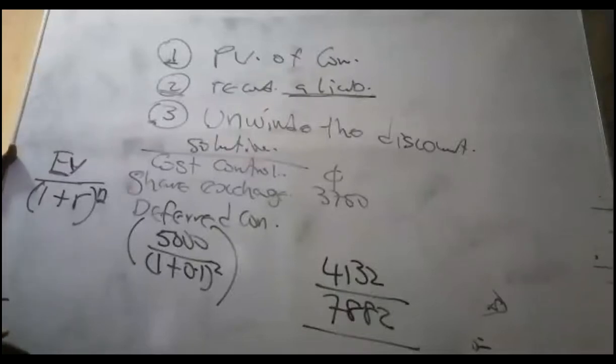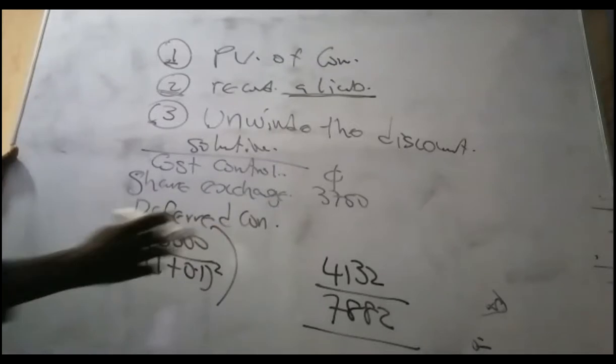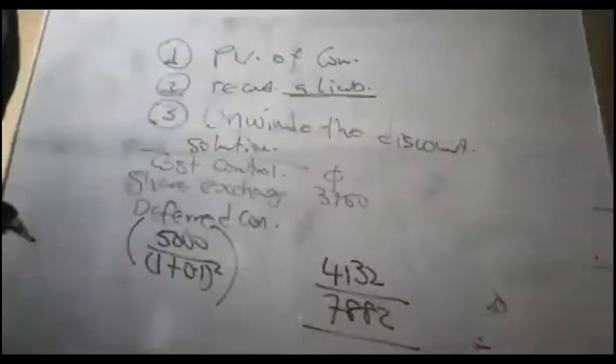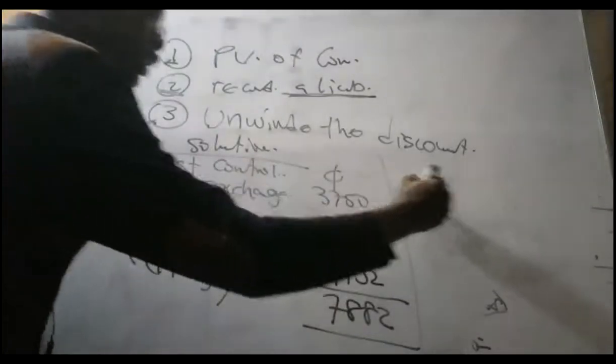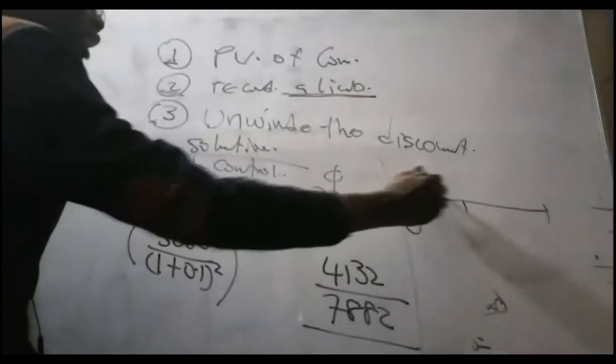Now, this 4,132 must perform magic so that at the end of the 2 years, you will get 5,000. Today, year zero, the value is 4,132. Agreed.